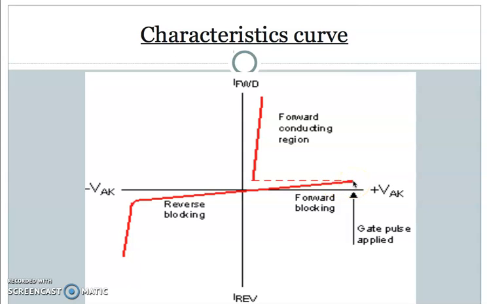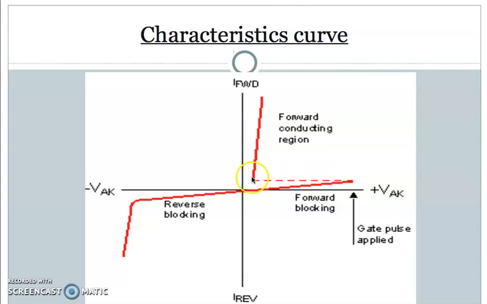When the gate is connected with some positive voltage, the gate current starts flowing, and for a particular gate voltage, the SCR is going to enter into conduction. This point where the SCR goes to conduction is referred to as the breakover voltage, VBO, in forward bias condition. VBO in forward is marked in this way.